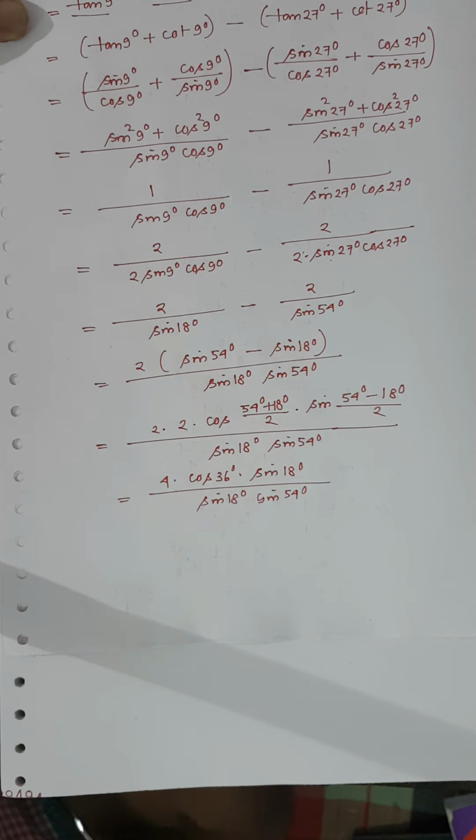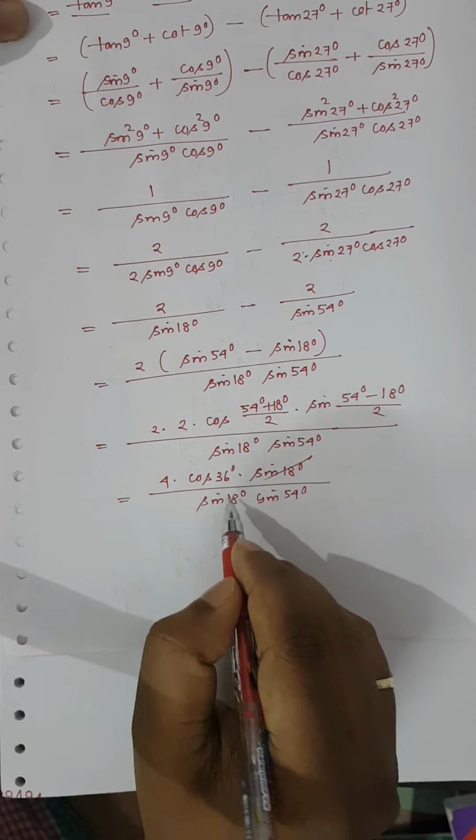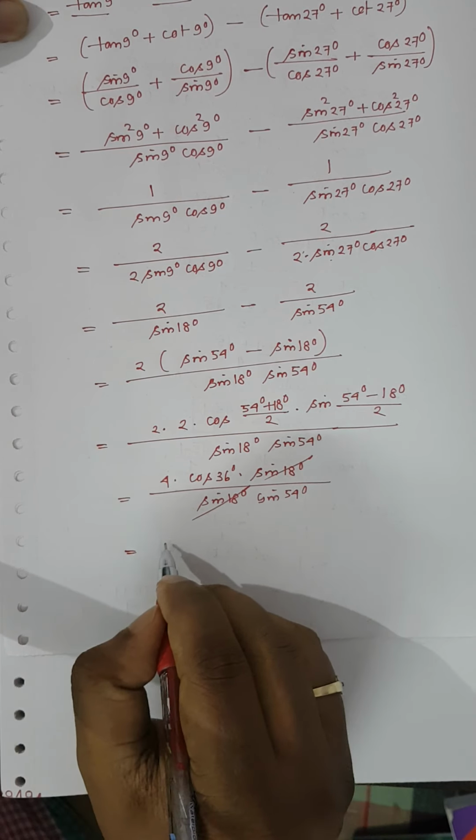Now clearly the sin 18° cancels, leaving the same factors, 4 times.